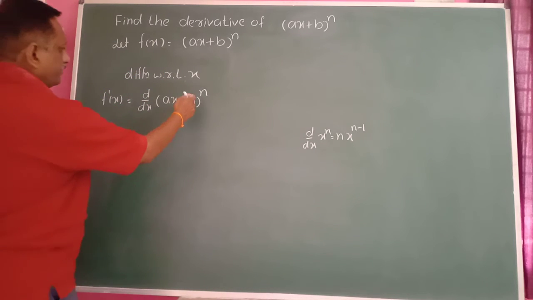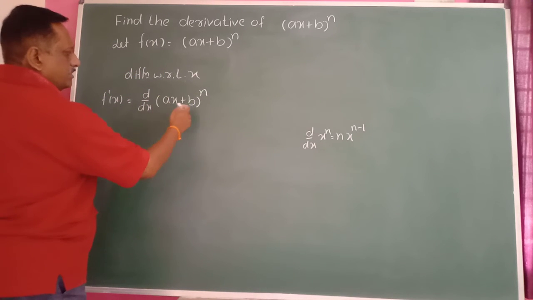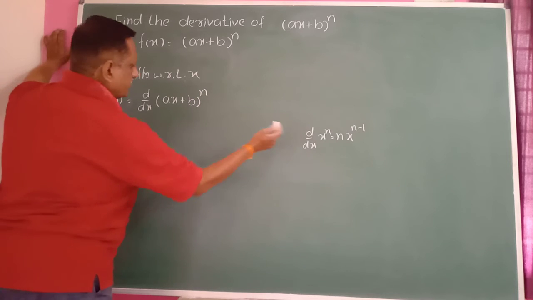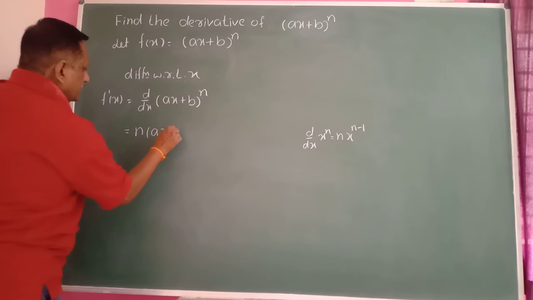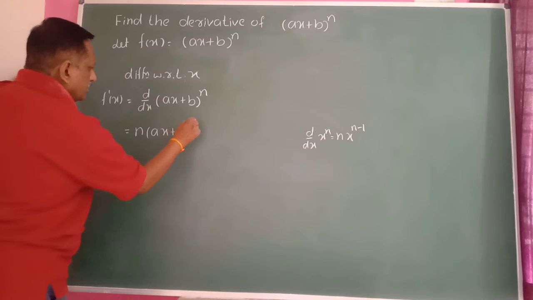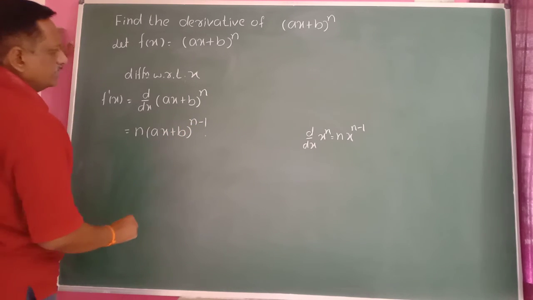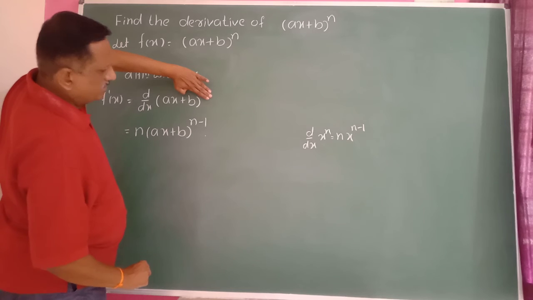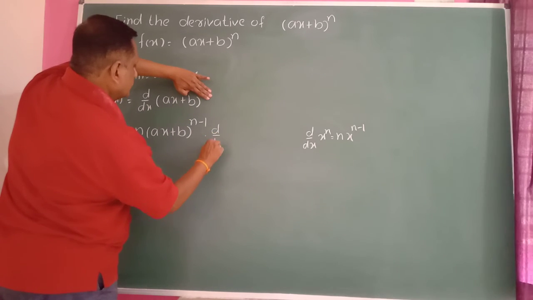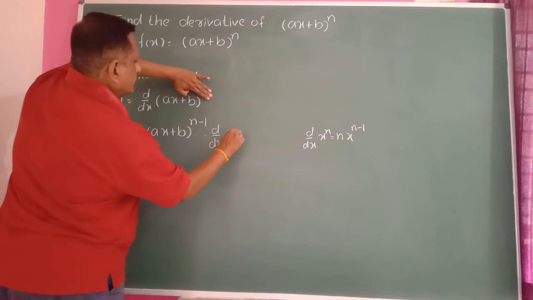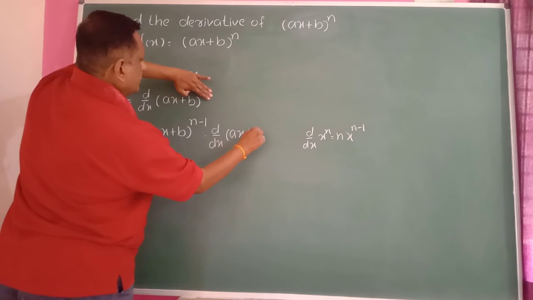So consider complete this term as x here. X raised to n. Applying this formula, it gives n into ax plus b whole raised to n minus 1 into. Now you leave this n here. This n, differentiate this function here. D by dx of ax plus b.